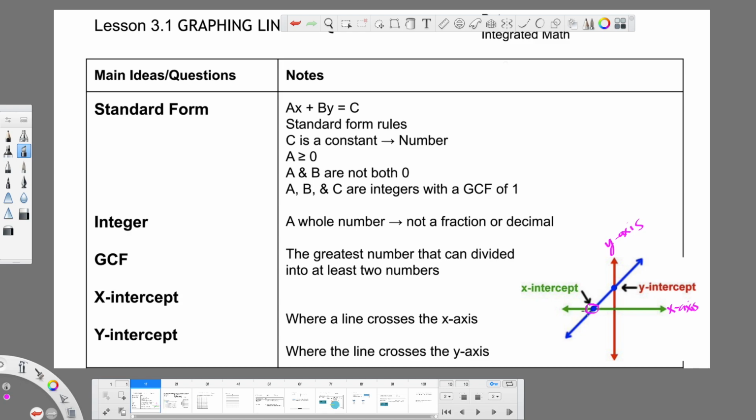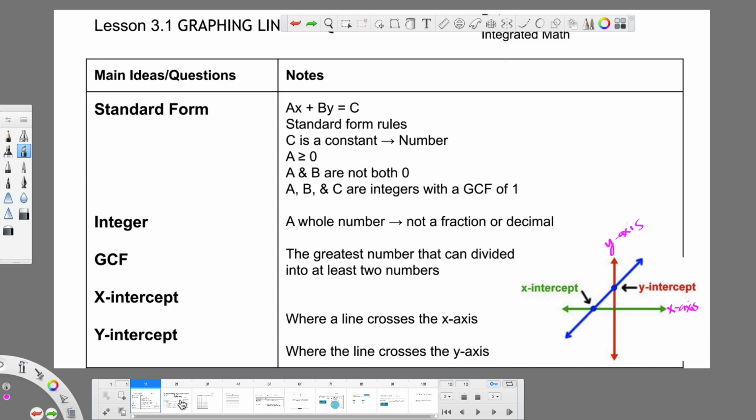I'm being silly with my catch analogy, but that's all intercept means: it's where the line crosses that axis. That's important because we can very easily graph a line using the x and y intercepts. It's one of our methods for graphing a line that we'll practice on the next page.